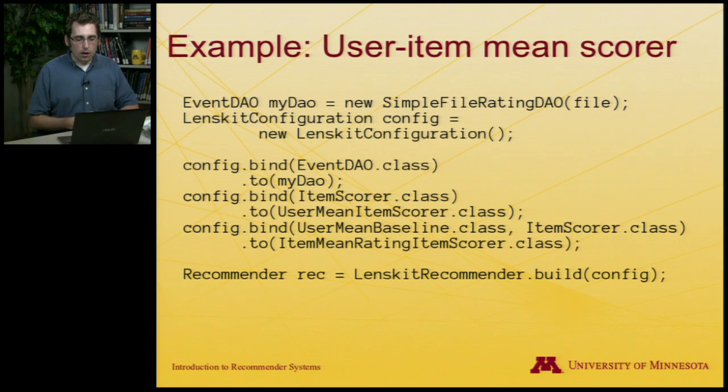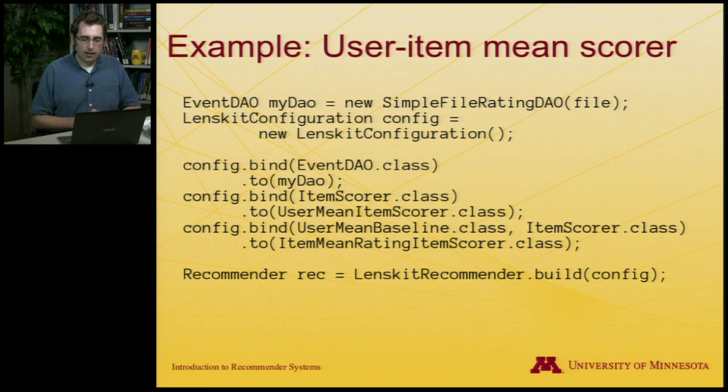The second binds ItemScorer to user mean ItemScorer, and that means we should use the class user mean ItemScorer as the implementation for the ItemScorer interface. Java generics are used to enforce at compile time that the class you're binding to actually implements the interface you're trying to bind to, to help you avoid mistakes.